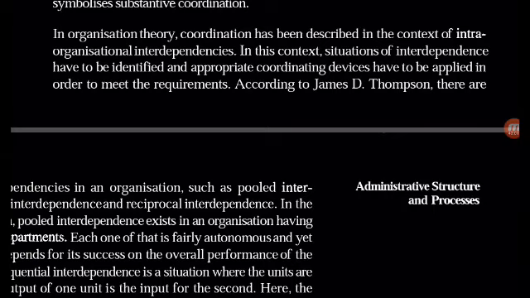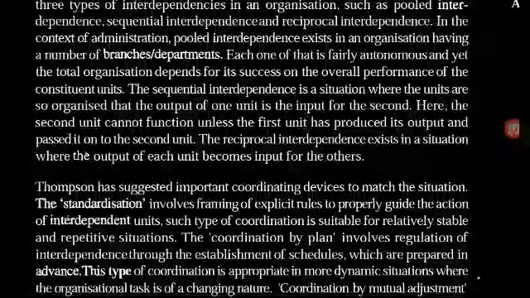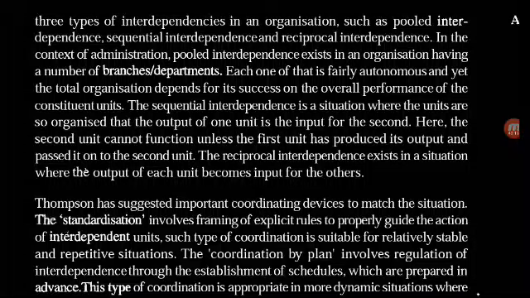According to James D. Thompson, there are three types of interdependencies in an organization: pooled interdependence, sequential interdependence, and reciprocal interdependence. In the context of administration, pooled interdependence exists in an organization having a number of branches or departments.